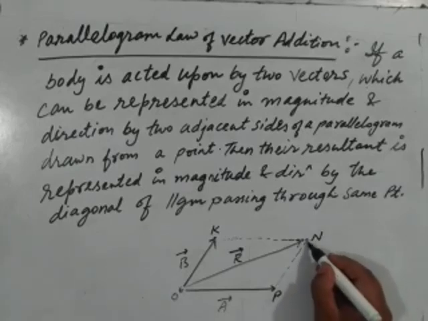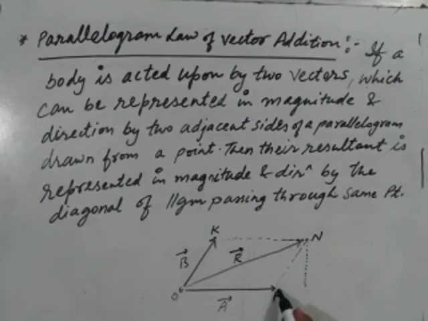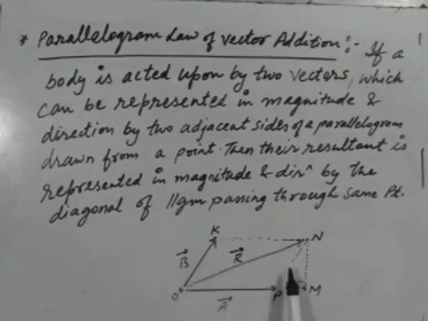Draw a perpendicular from this point meeting OP produced at point M. Now OPNK, this is a parallelogram, so the opposite sides are equal in magnitude as well as their direction is same.